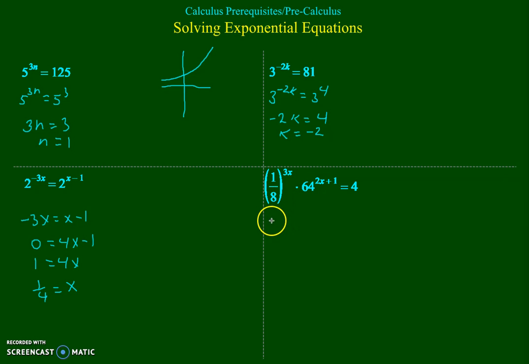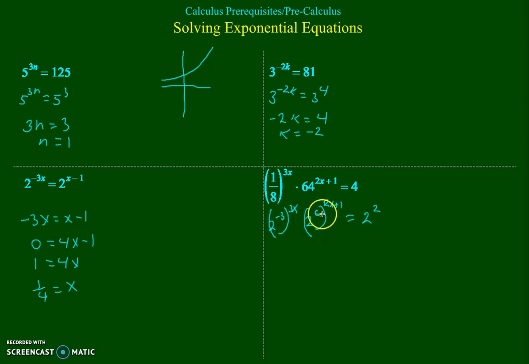So this is going to be 2 to the negative 3 to the 3x power. Then 64 is 2 to the 6th. So that's 2 to the 6th, to the 2x plus 1 power, equals, and this one is 2 squared. So now we have everything in terms of the same base.